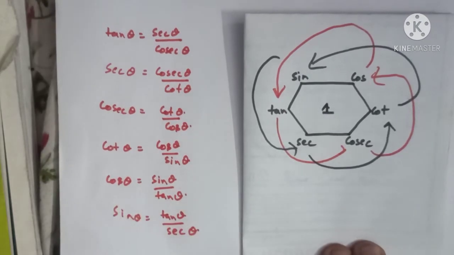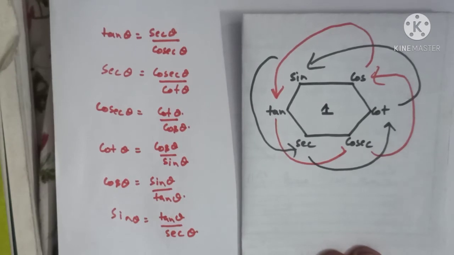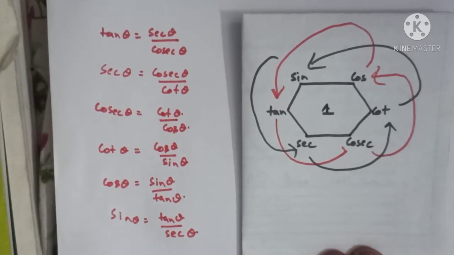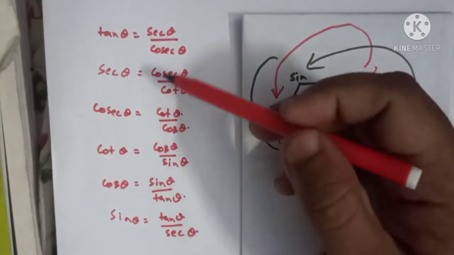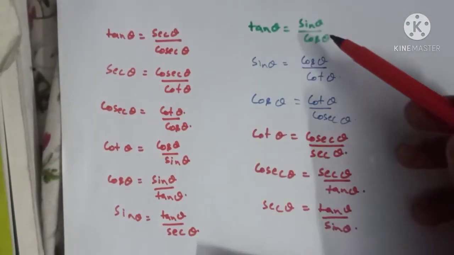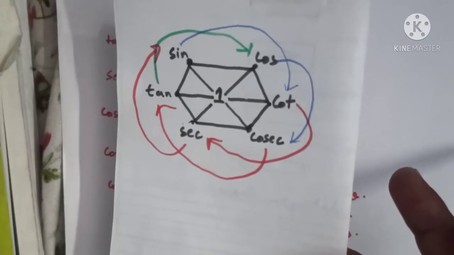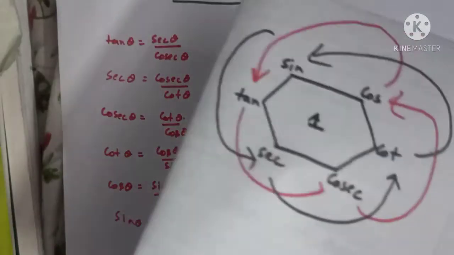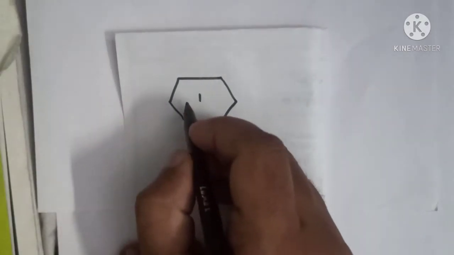Understood? So either you go clockwise or anti-clockwise. We have learned 6 identities by moving clockwise and 6 by moving anti-clockwise, a total of 12 identities derived. Now we still have more identities left. Again, quickly we'll revise.